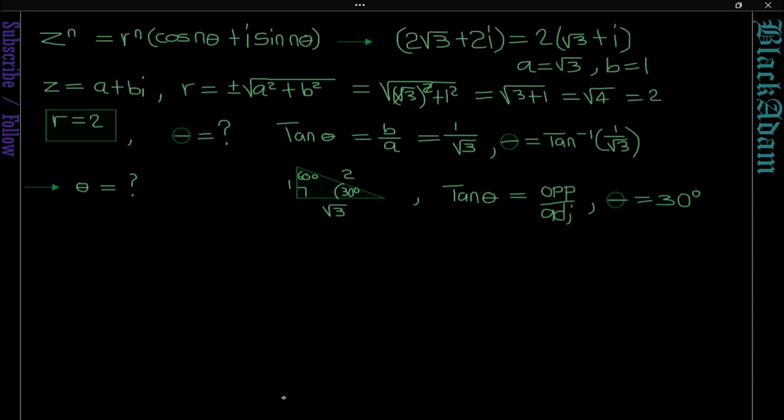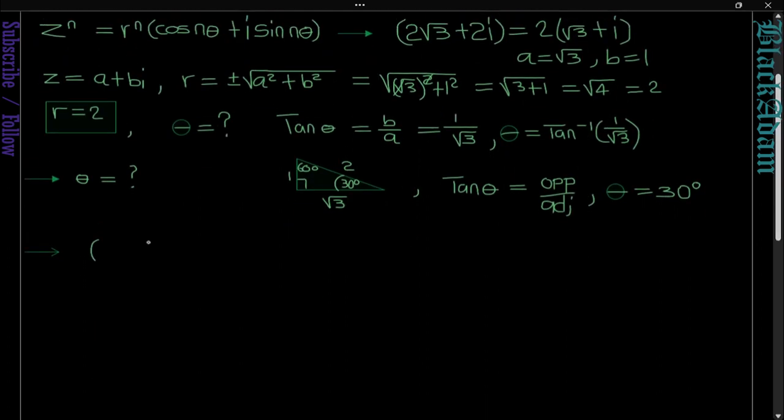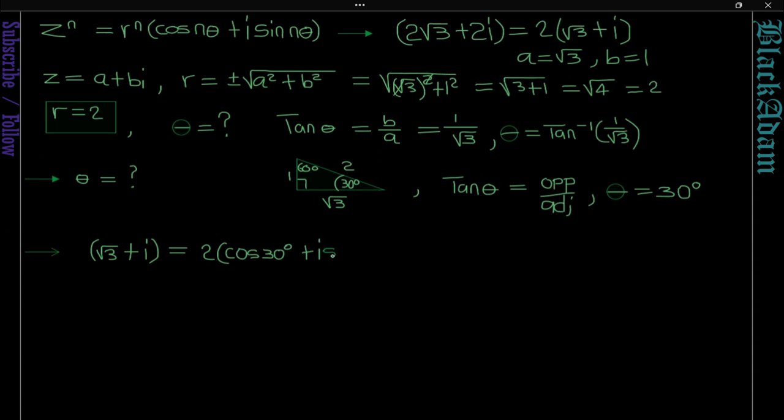From there, we have root 3 plus i, and r is 2, so we have 2 times cos 30 degrees plus i sine 30 degrees, so it's 2 times 2 cos 30 degrees plus i sine 30 degrees.